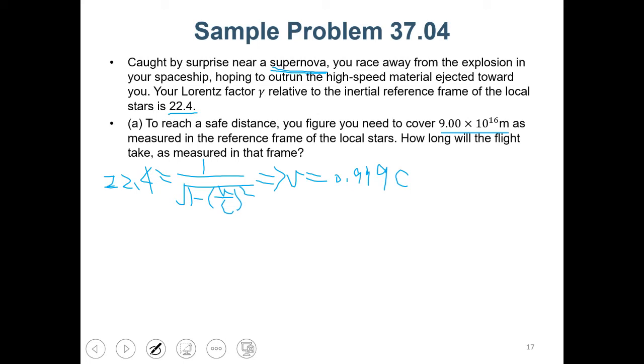Then we calculate the time. As you know, you figure you need to cover 9 times 10 to 16 meters, as measured in the reference frame of the local star, which means that this is the proper length.